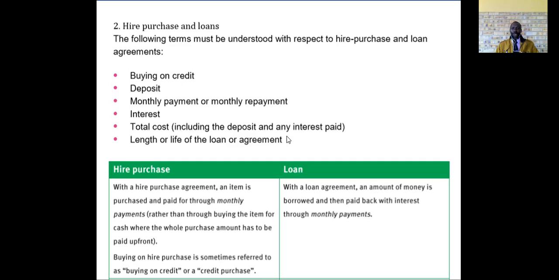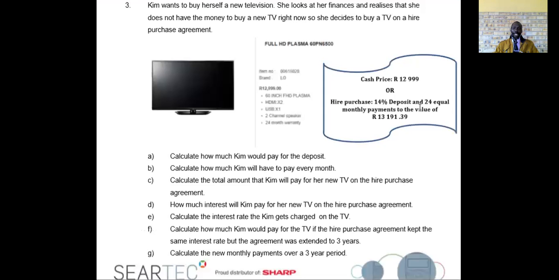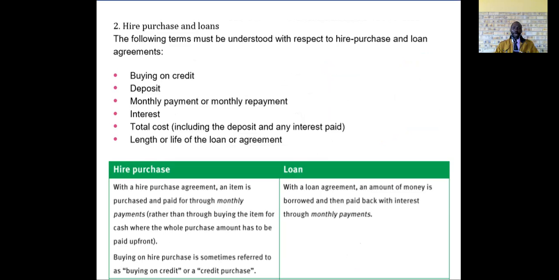Very much like trying to say, well, if you are, for example, dealing with this case of the TV, then the total cost in this case is going to include the deposit, the monthly payments that you have to make, plus the what? Plus the interest that you have to pay. That gives us what we call the total what? The total cost.